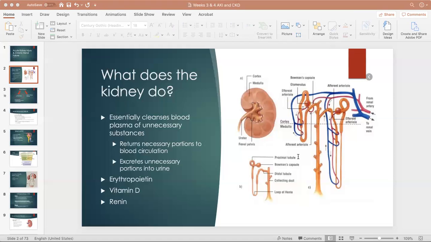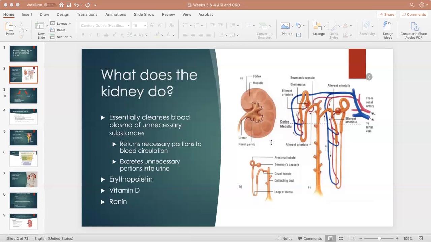The first place it hits is the glomerulus. I'm going to use this diagram down here, I just find it easier. This little structure here is the glomerulus.